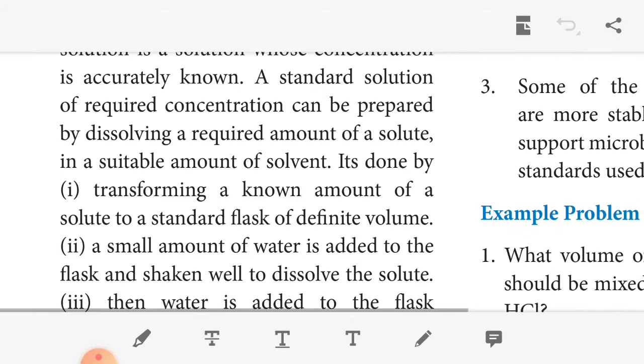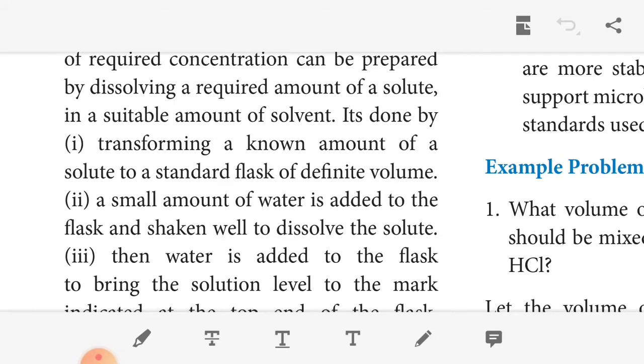In the first way, we transfer a known amount of solute to a standard flask of definite volume. Then a small amount of water is added to the flask and shaken well to dissolve the solute. So how to prepare? In the first way, transferring a known amount of the solute to a standard flask of a definite volume.